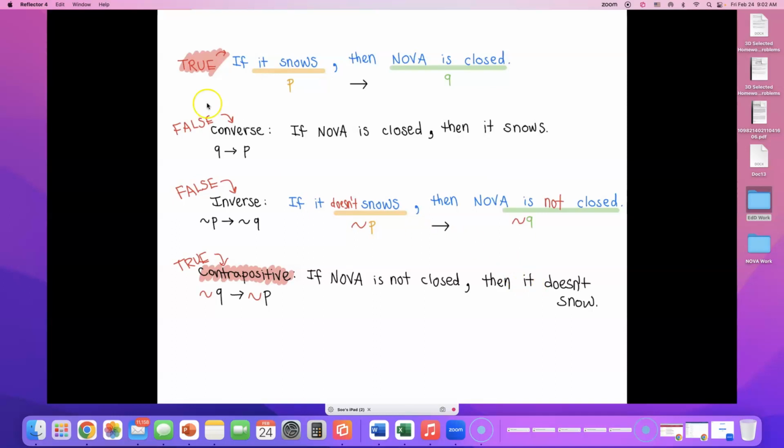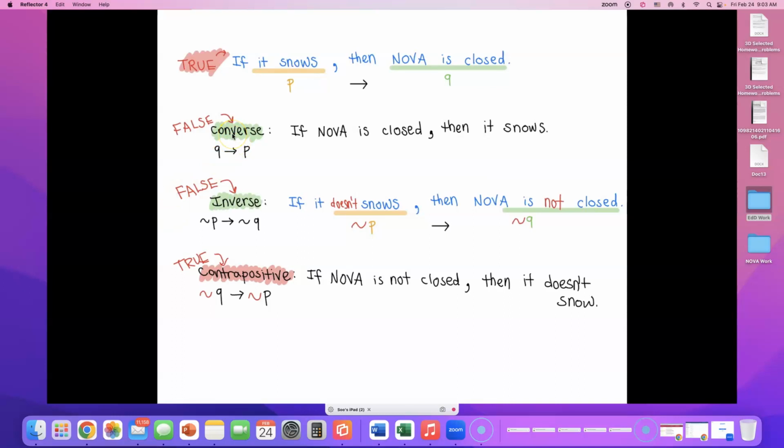They always have the same truth value. So if the original statement is true, then the contrapositive has to be true. Okay, so these two are logically equivalent. Now the other two, converse and inverse, are logically equivalent.